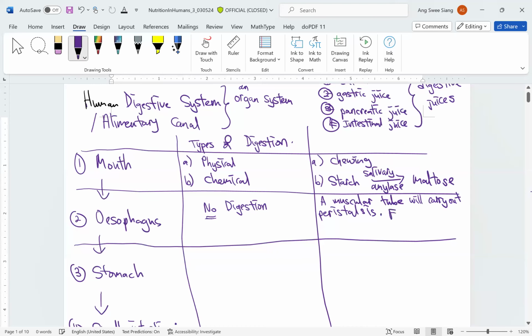Food bolus, singular, or food boli, plural, will be pushed down. Will be pushed forward. When we say push forward, it means push down the esophagus. Okay, yes?